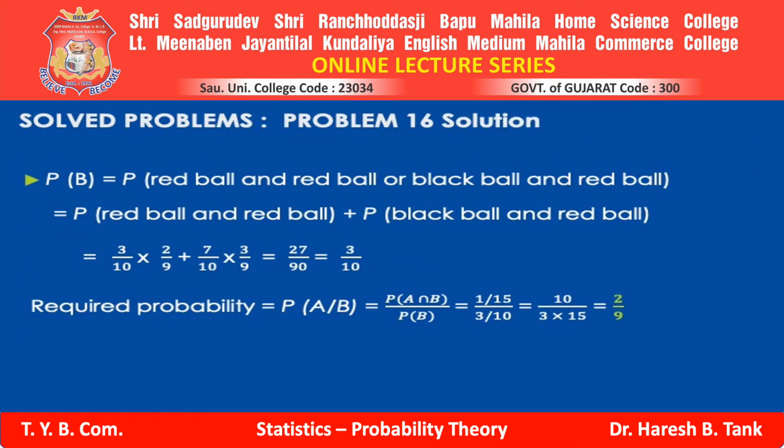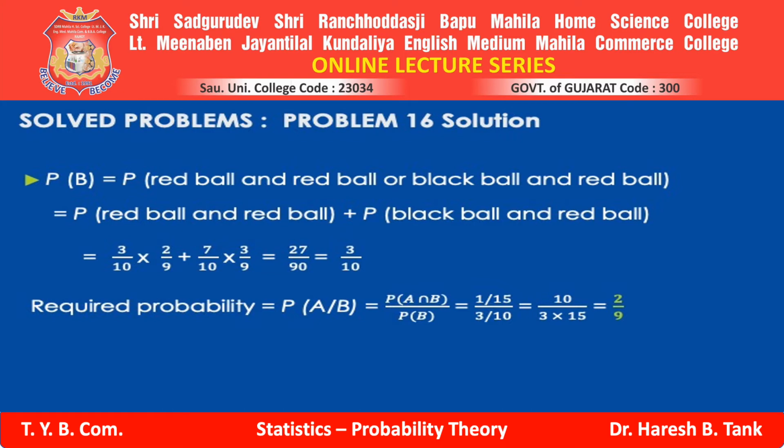And the probability of B is actually the sum of two probabilities: the probability of a red ball and then a red ball, or the probability of a black ball and then a red ball. In the first attempt a red ball and in the second attempt again a red ball, or the first attempt is black and the second attempt is red.